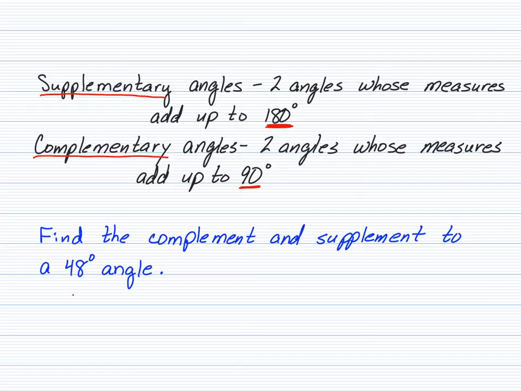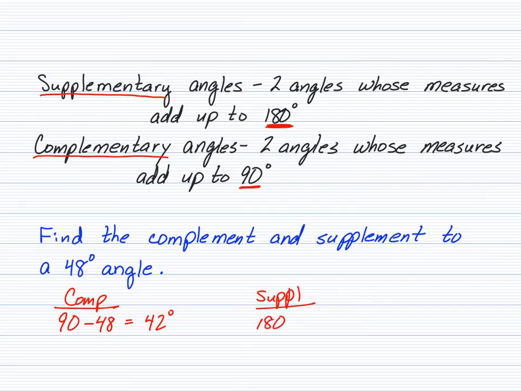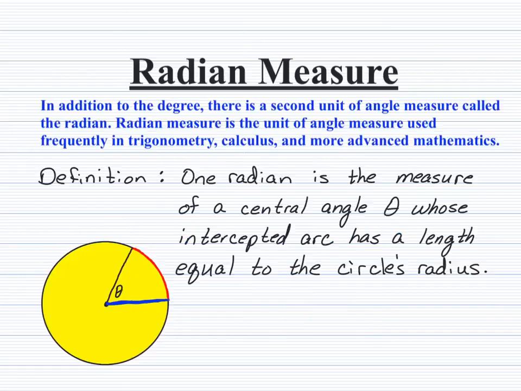The complement you're going to get by subtracting that 48 degrees from 90, and so the complement would be a 42-degree angle. And then for the supplement, you would subtract the 48 from 180, which would give you a 132-degree angle.